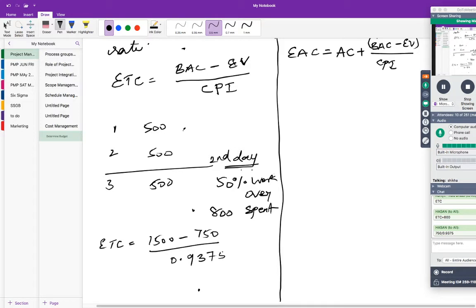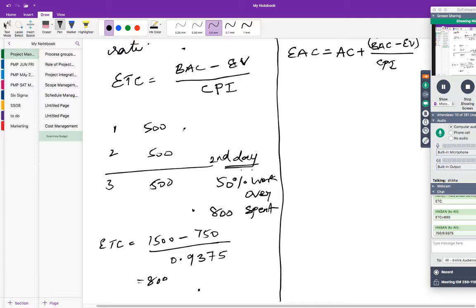Better to keep 4 precision values; then you'll get the correct number. If you round it off, you will get a little bit different. So how much is this? 800, correct? For the first 50 percent you spent 800, so a similar rate you will do for the rest of the work.